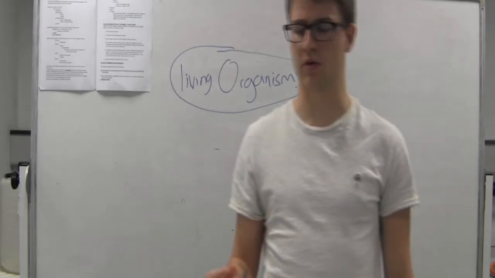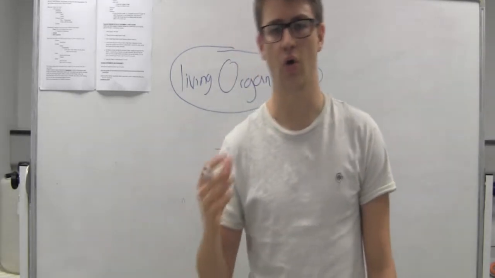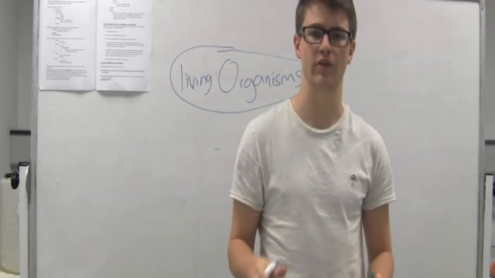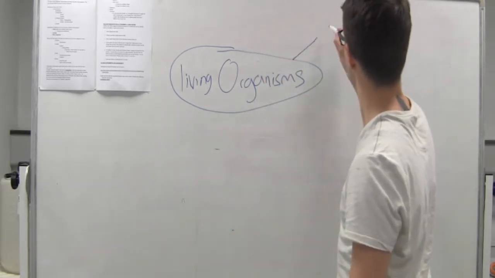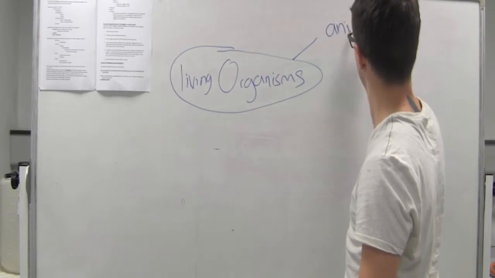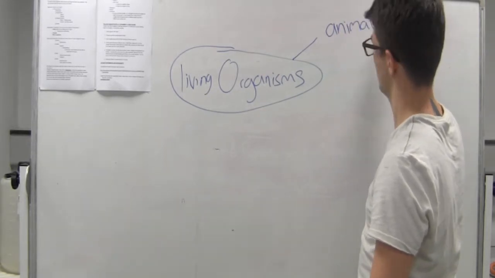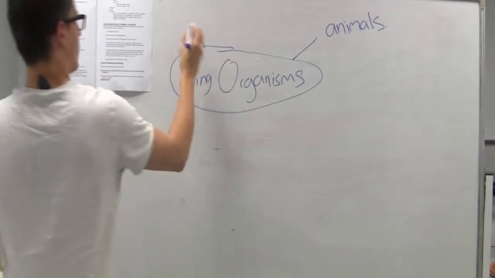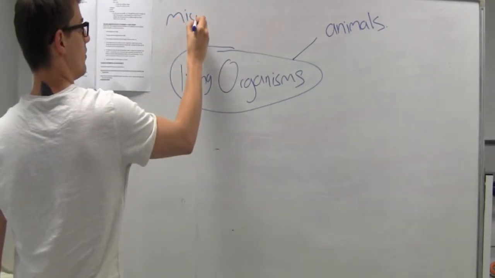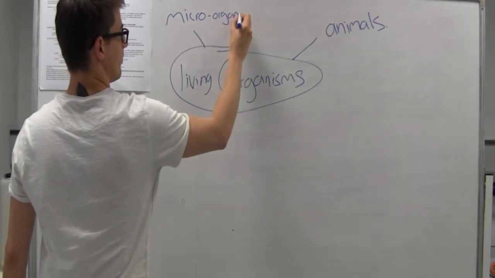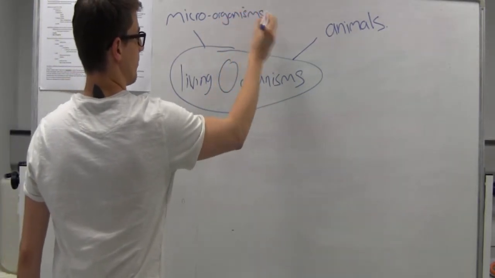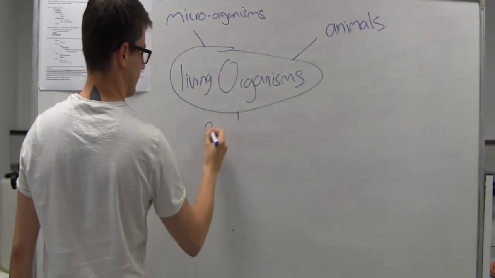Some students might throw out vertebrates or invertebrates, but we're not really looking for it on that depth of scale at the moment. So, looking at animals, looking at microorganisms, and we're looking at plants.